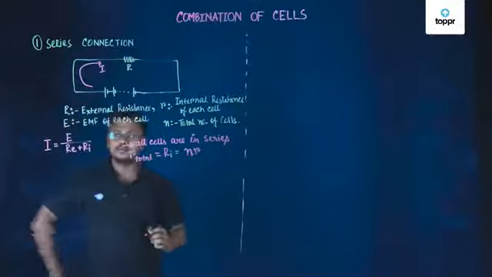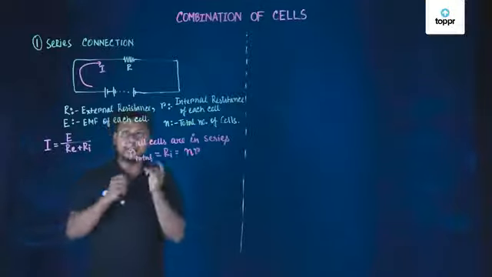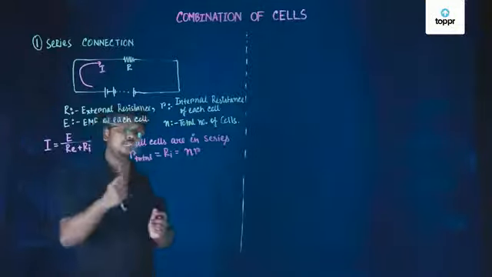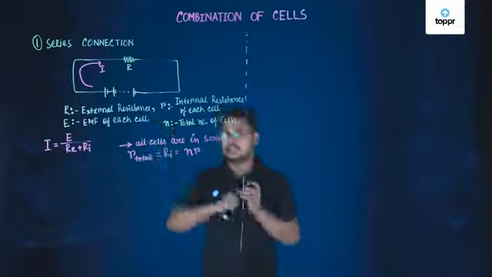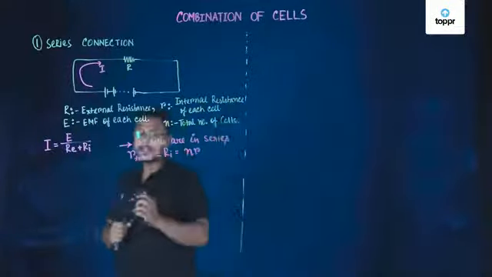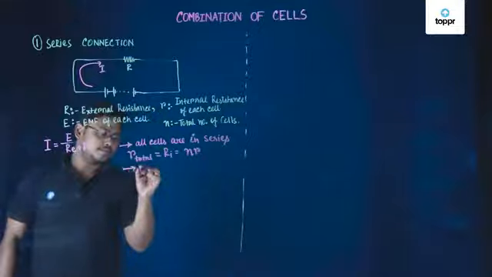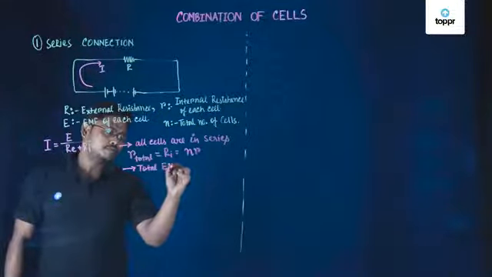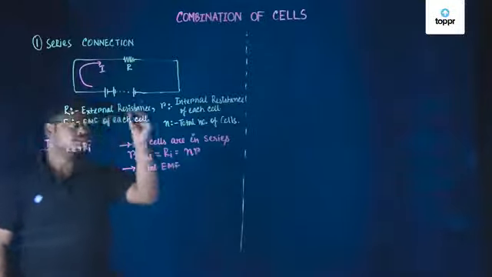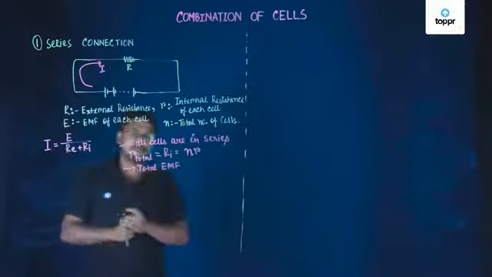Now let us find the total EMF. Each cell contributes capital E, the EMF of each cell. So the total EMF will be the summation of each and every EMF.